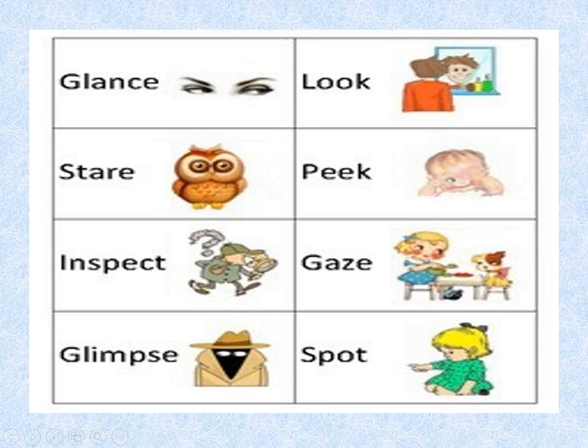Inspect, to gaze and look widely at something. Glimpse and spot. Glimpse, to have a very curious look at something and find out something that no one else spotted. So spot also means glimpse.